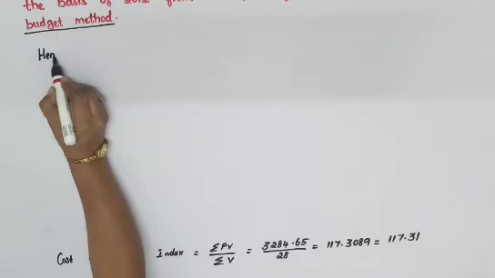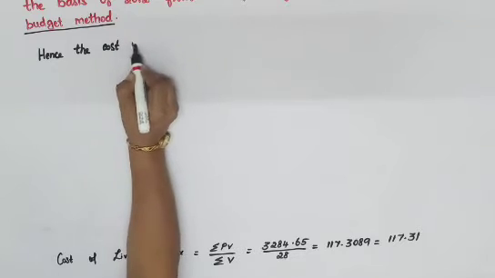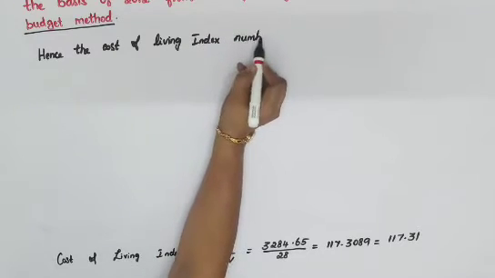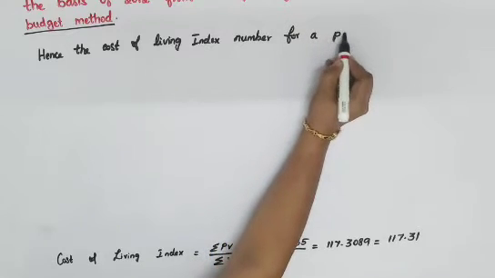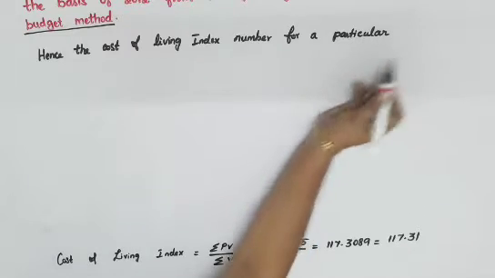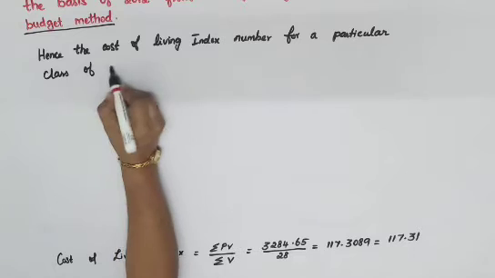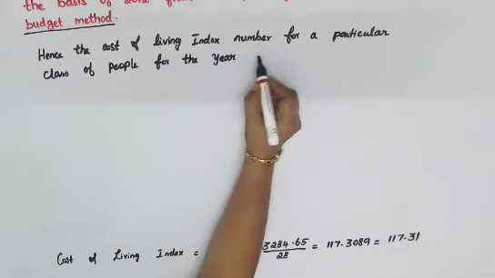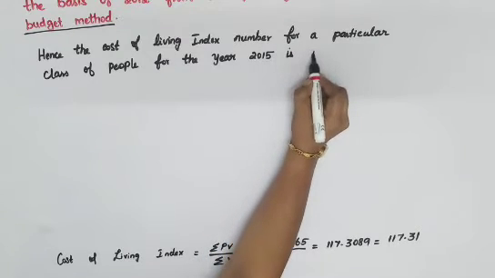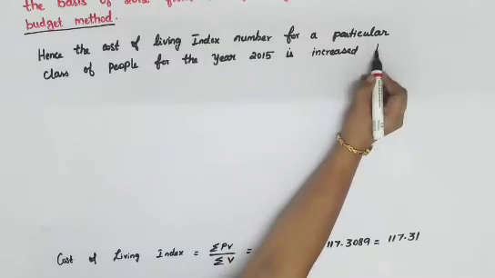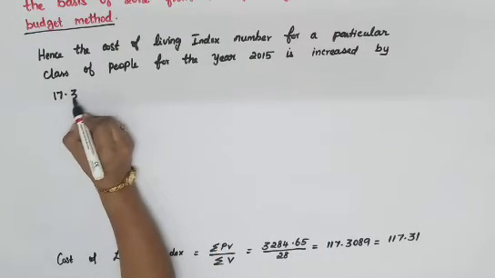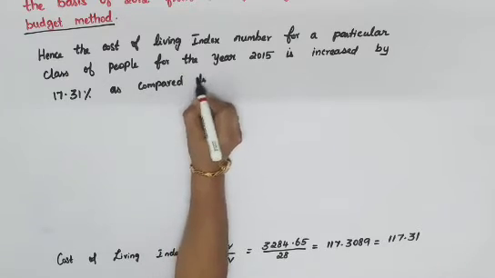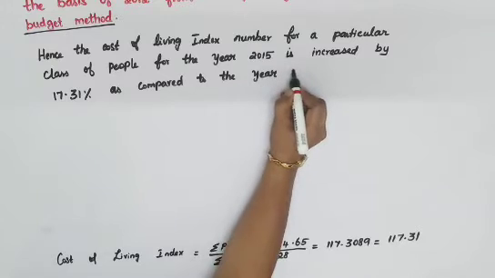Therefore the conclusion is, hence the cost of living index number for a particular class of people for the year 2015 is increased by 17.31% as compared to the year 2012.